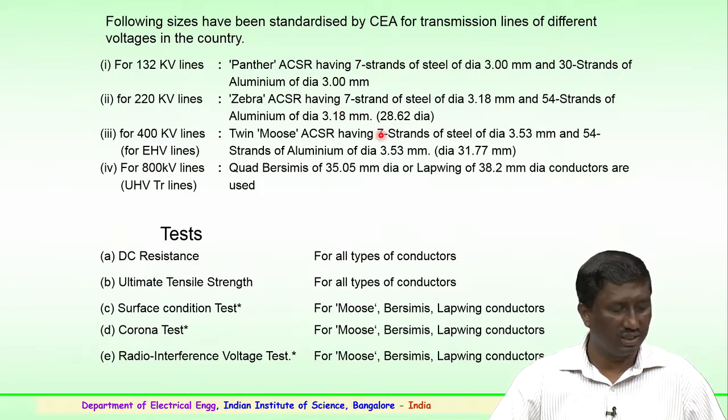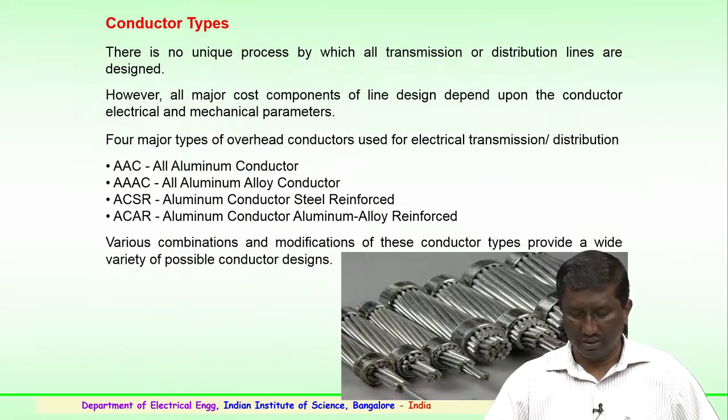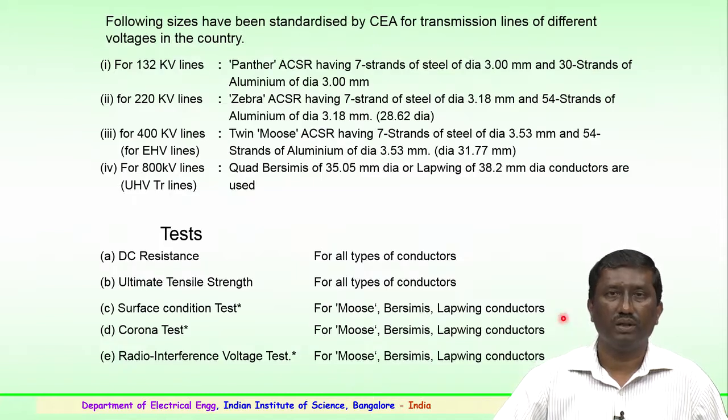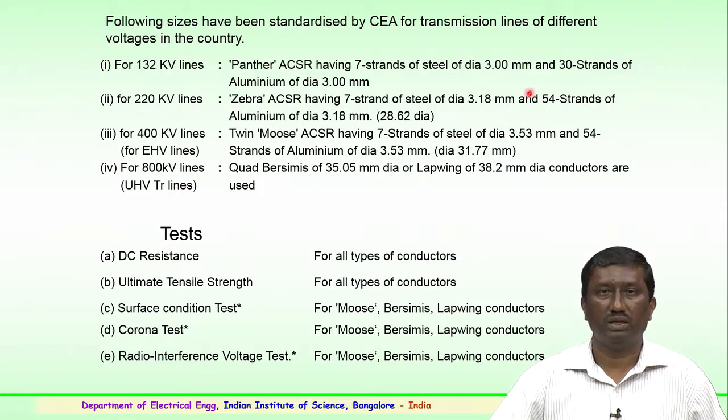This size of conductor is being used for 132 kV lines. Typically, the overall dimension of the conductor could be 24 to 26 mm dia.